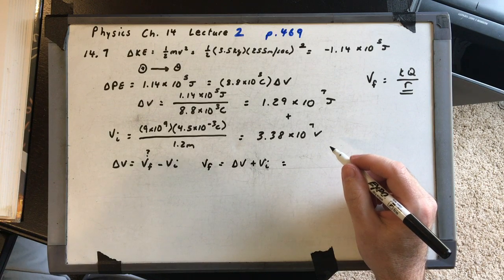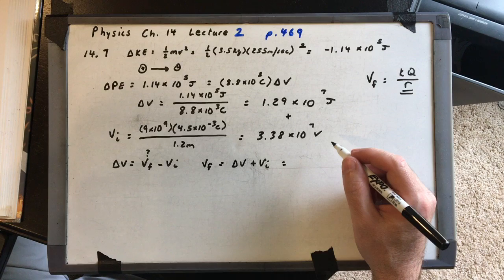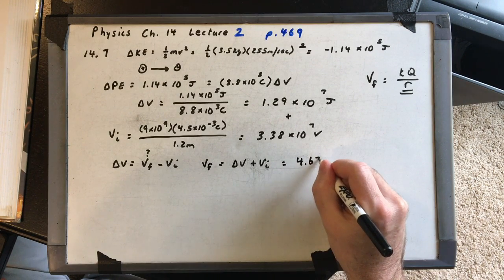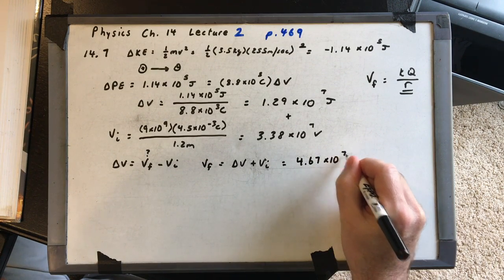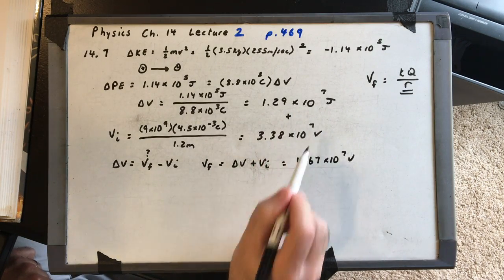If you add those two together, you will get 4.67 times 10 to the 7th volts. Again, that's just change in voltage plus the initial voltage.